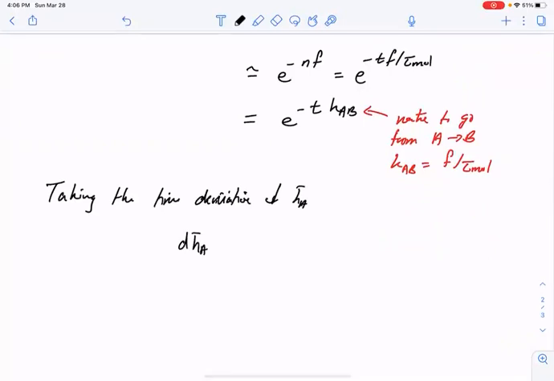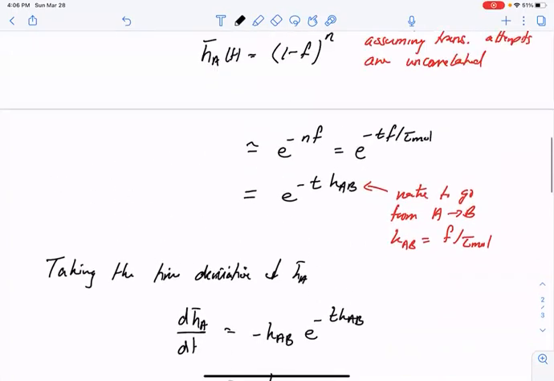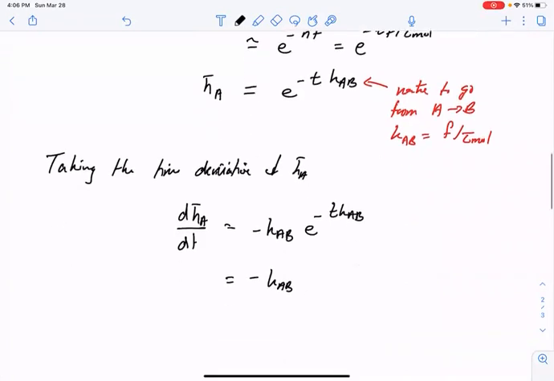That would be H A bar, still working with the bars, d/dt is equal to, in this scaling limit of lots of attempts, minus k AB e to the minus t k AB, which is nothing but minus k AB H A bar, since H A bar is e to the minus t k AB. So I have H A bar on the right-hand side, which is indeed just the macroscopic law of first order kinetics.